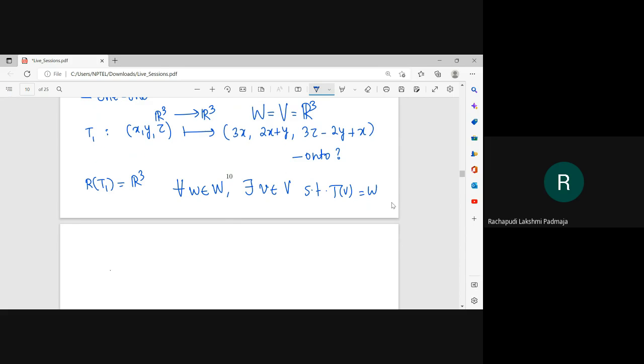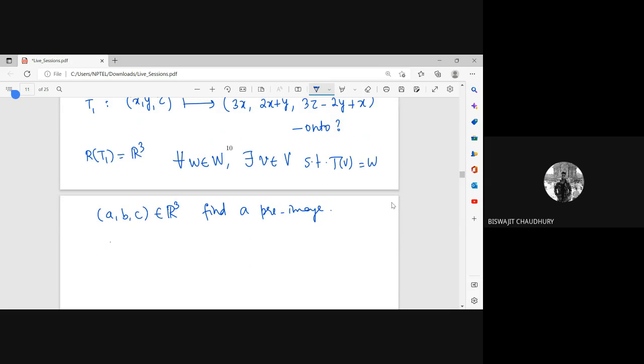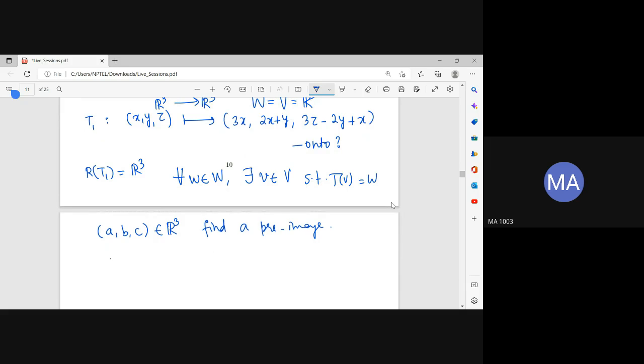How will any point in R3 look like? It's going to look like some a, b, c, right? So you pick any a, b, c in R3, find a pre-image. If you can find a pre-image, it is onto. If you cannot find a pre-image, it is not onto. Agreed? So how will I check whether it has a pre-image or not?